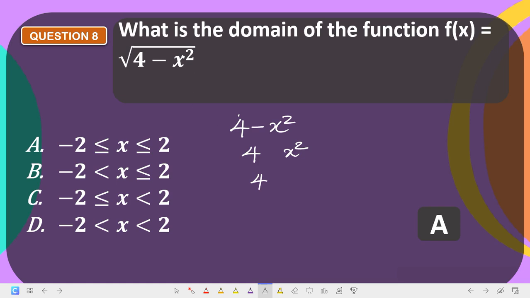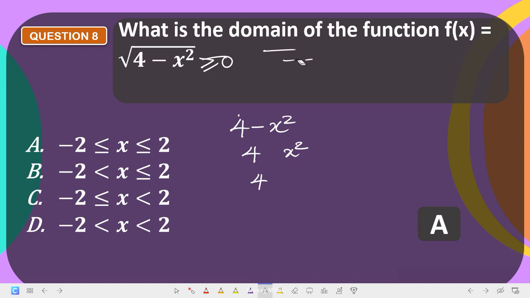Now, for this thing to have a definite value, it means that 4 minus x squared should be greater than or equal to what? 0. Because square root of 1 is something, but square root of minus 1 is not what? Defined. Are you getting it? So anything greater than 0 has a square root, but anything less than 0 does not have a square root.